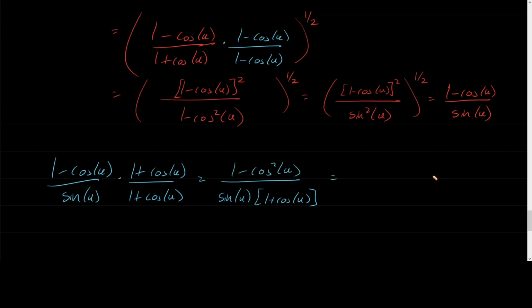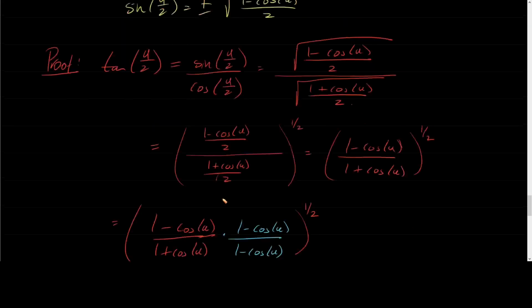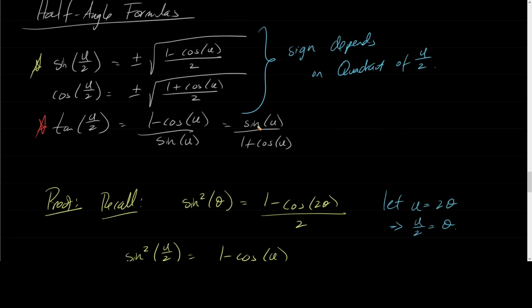And now I have 1 minus cosine squared on top, which is sine squared. And I have this over sine times 1 plus cosine of u. And at that point, sine squared over sine reduces, so that we end up with just sine on top. This one over here cancels out, right? And we're still left with 1 plus cosine of u, which was the second one of these.